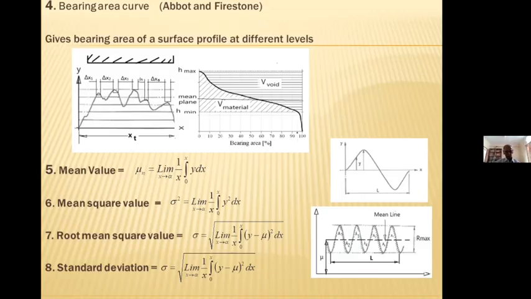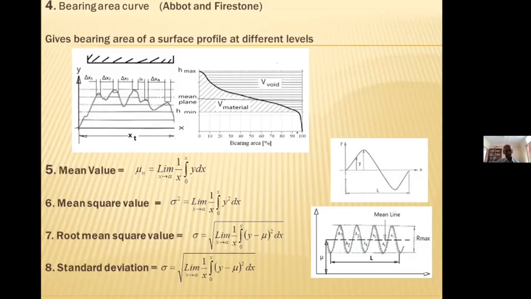Although there may be slight differences in certain areas of computation, for this case we'll consider root mean square value the same as the standard deviation.